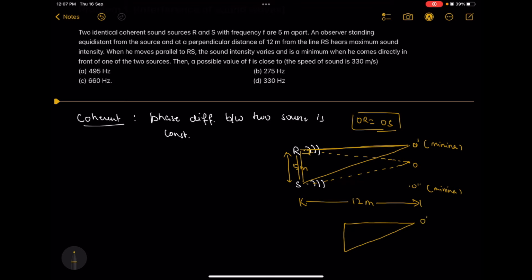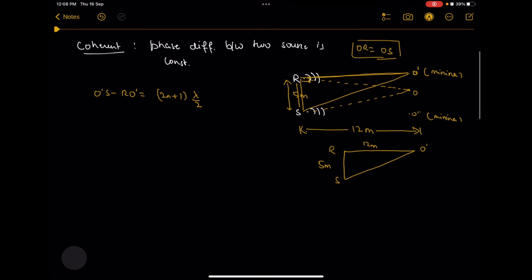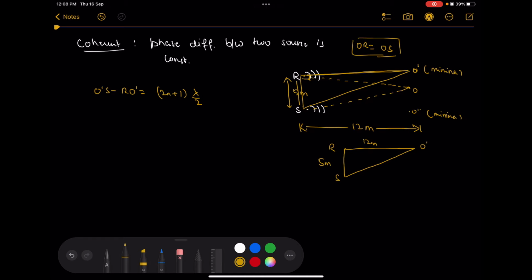Here it is O dash, it's R, it's S, it's 5 meters, and it's 12 meters. For destructive interference to happen at O dash, O dash S minus R O dash must equal (2n plus 1) lambda by 2. This is a result from Young's double slit experiment, and I'm going to use this result directly.